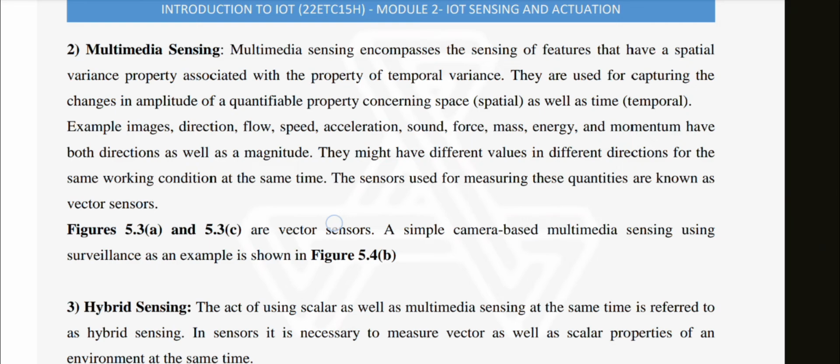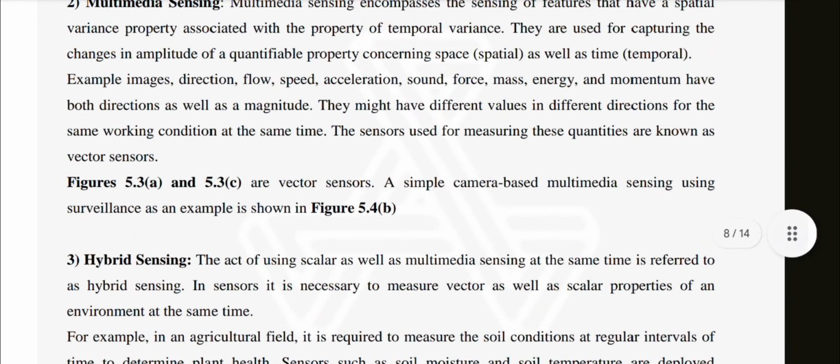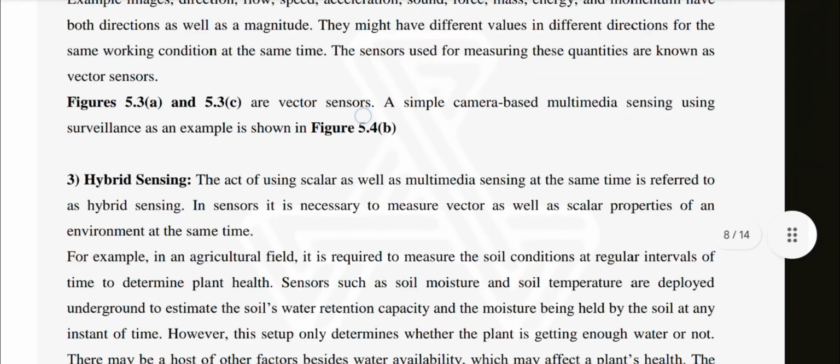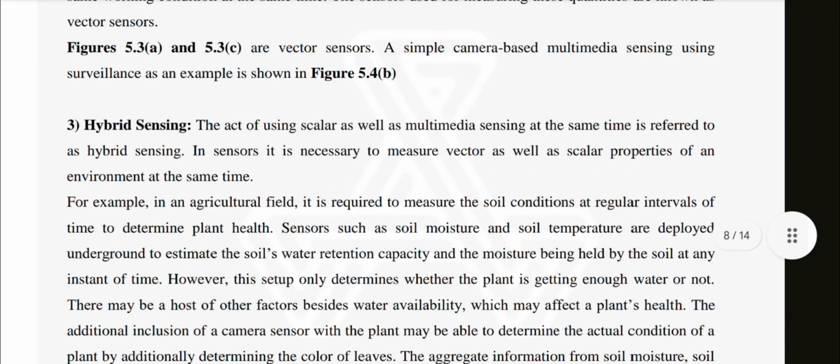Example: images, direction, flow, speed, acceleration, sound, force, mass, energy, momentum have both direction as well as magnitude. They might have different values in different directions of the same working condition at the same time. The sensors used for measuring these quantities are known as vector sensors. Figures 5.3a, 5.3c are vector sensors.